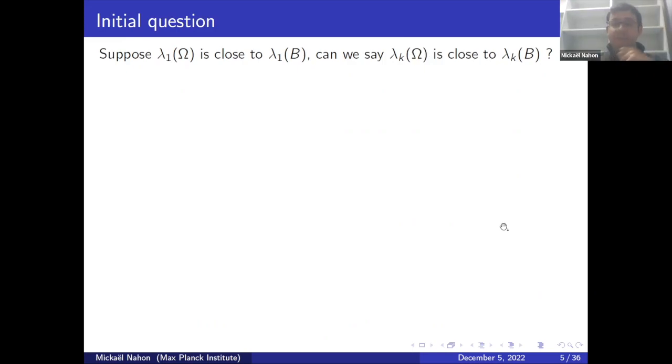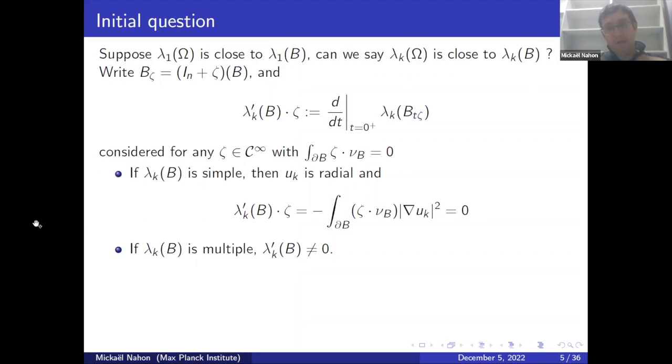So first, let me explain a bit what happens for small and smooth perturbations of the ball to see what we can expect at best. If I take a vector field zeta and I look at the perturbation of the ball by this vector field zeta, then in general, you have a directional derivative for the eigenvalue.